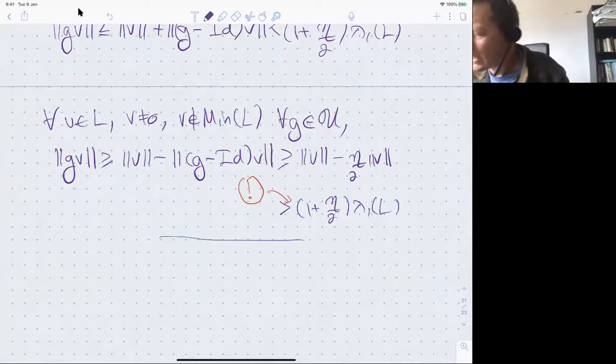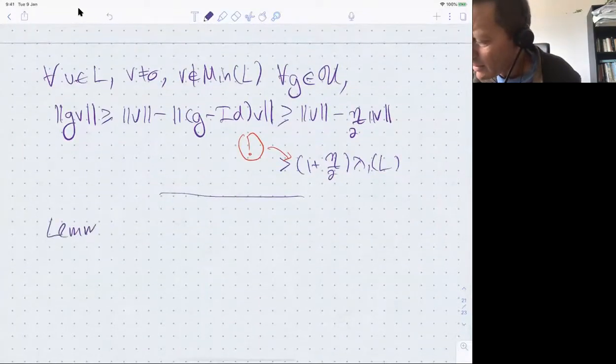And so as a consequence of this, let's call this lemma 2.